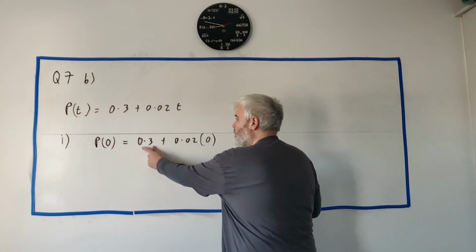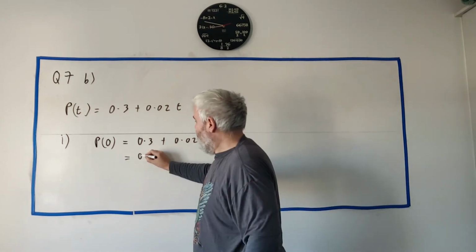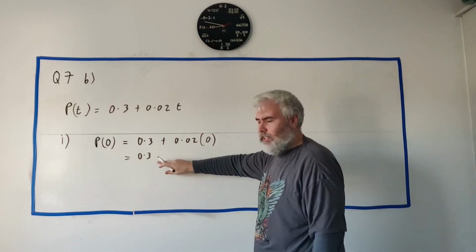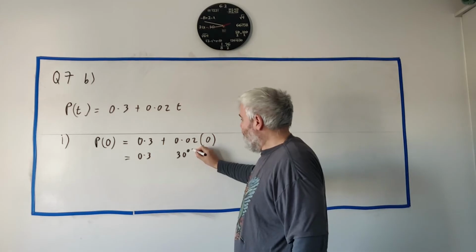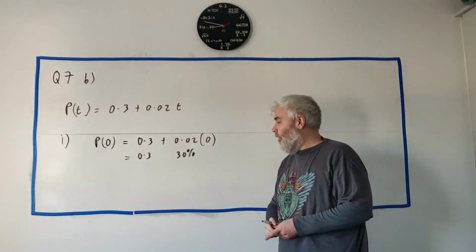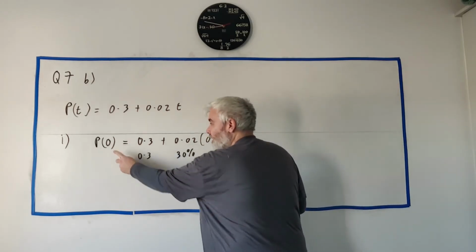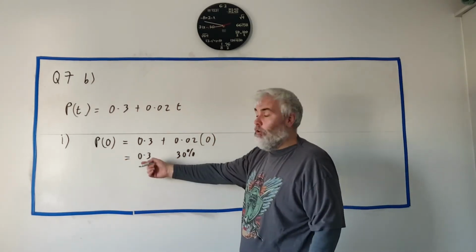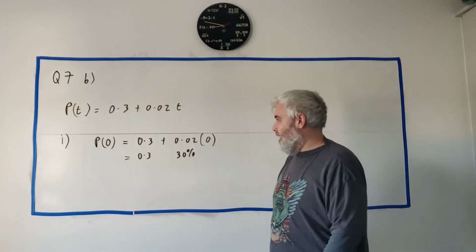So what's that equal to? 0 multiplied by anything is 0. So that's just 0.3. And you can write this, by the way, probability 0.3 is the same as a percentage. We use percentage in real life more. I'd say there's a 30% chance that it's raining at the start of the day. Or you can say it's 0.3 probability it's raining. These are the same. They mean the same thing.